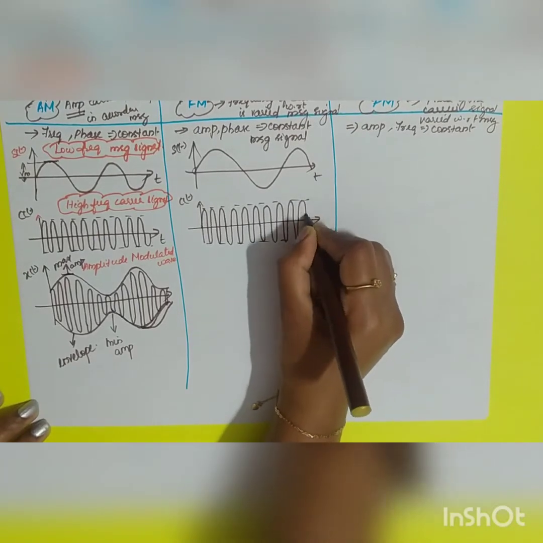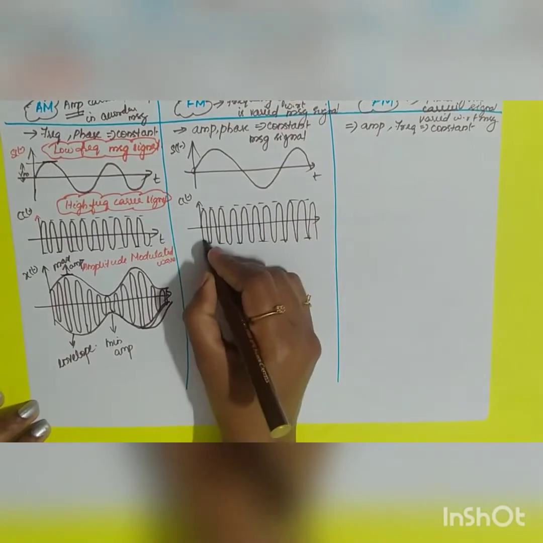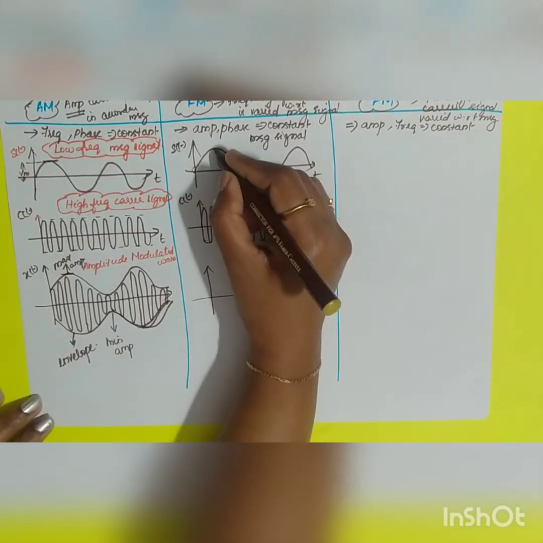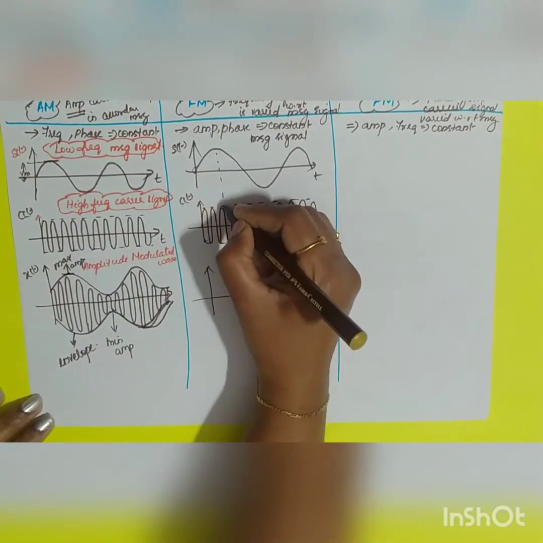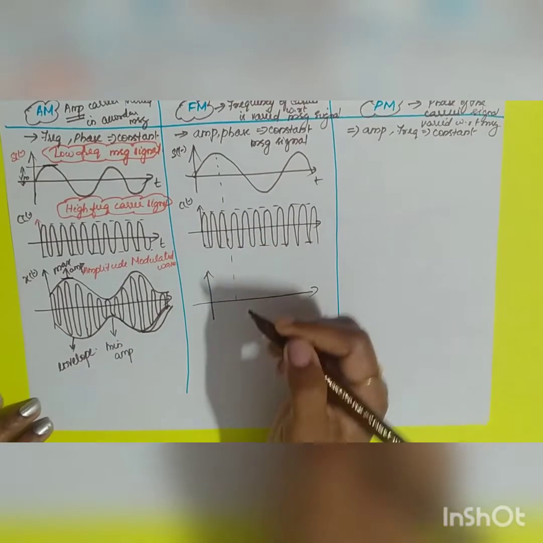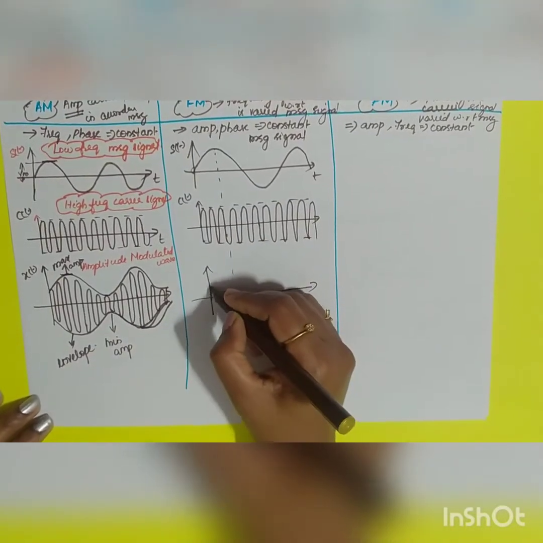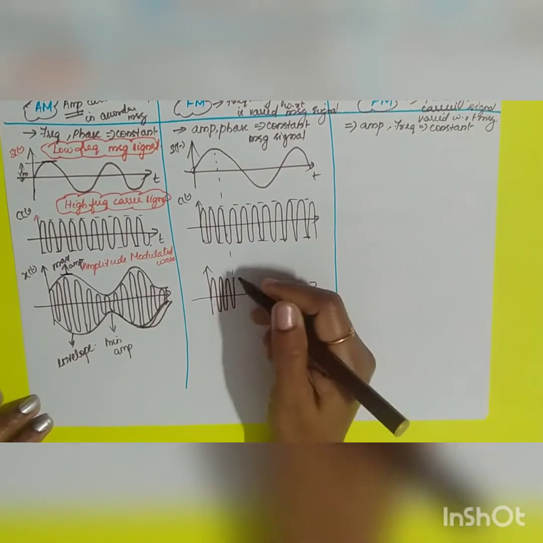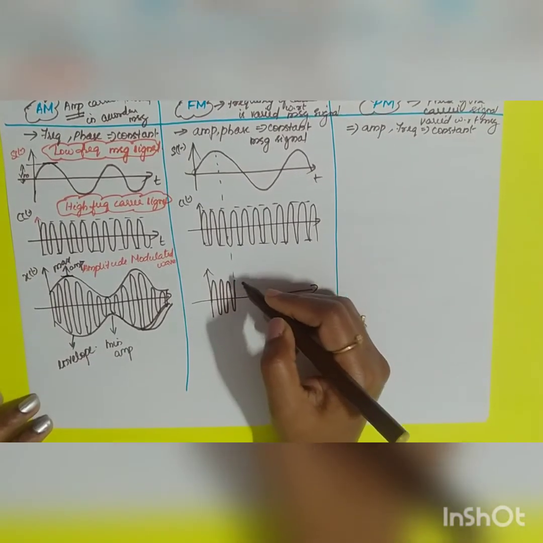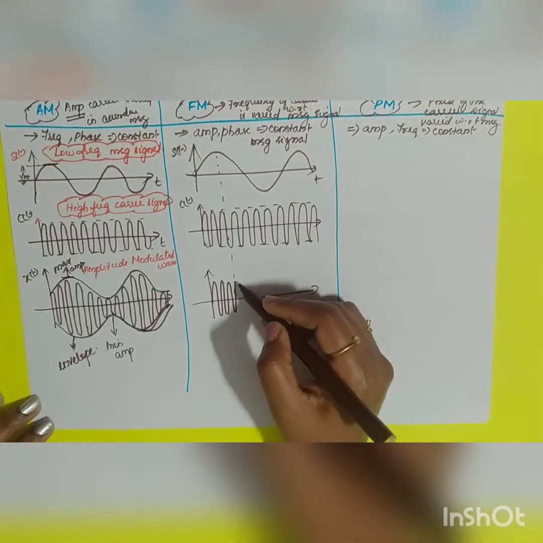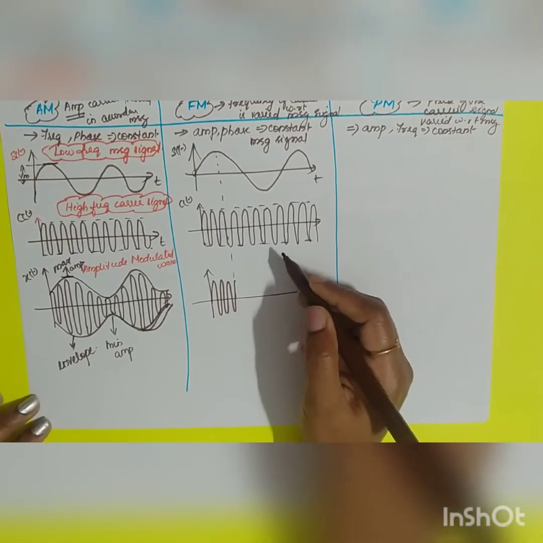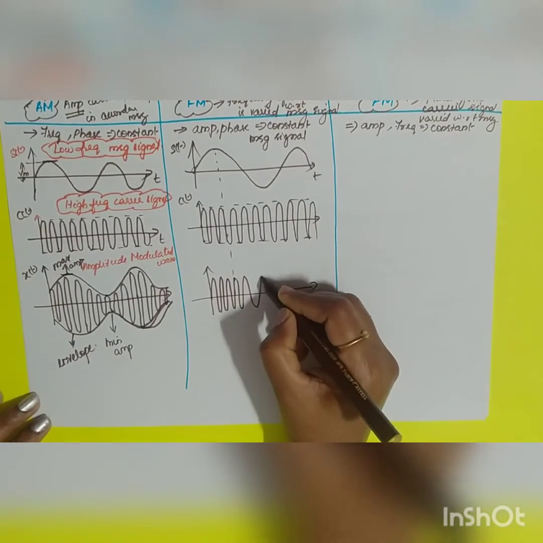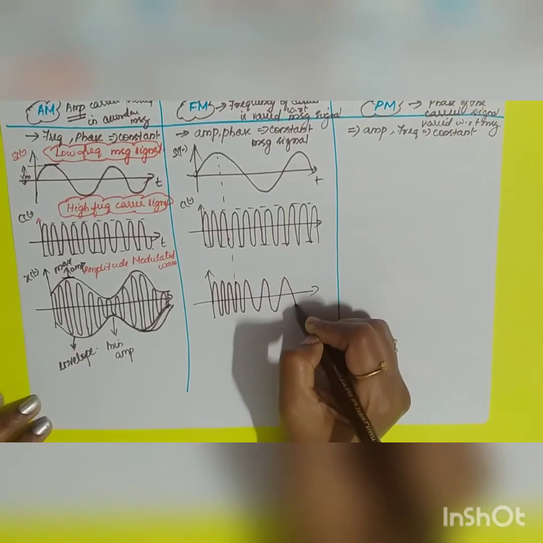In this case, what happens? Whenever the message signal is high, as here, you have the maximum number of cycles, that is, maximum frequency. When the message signal is negative, you have minimum frequency. This is how your signal goes.